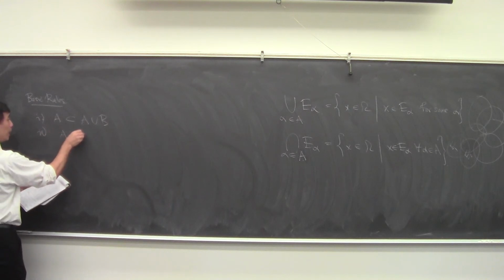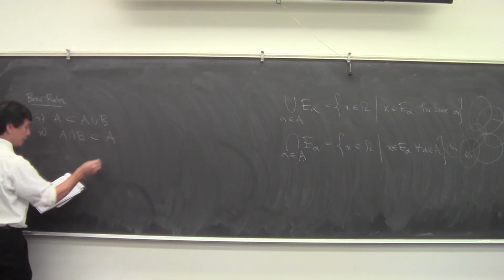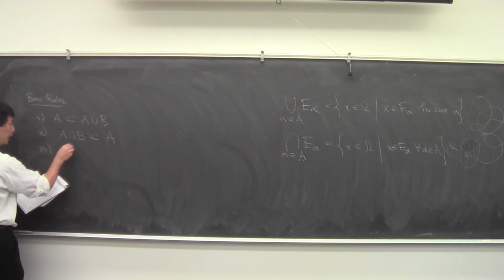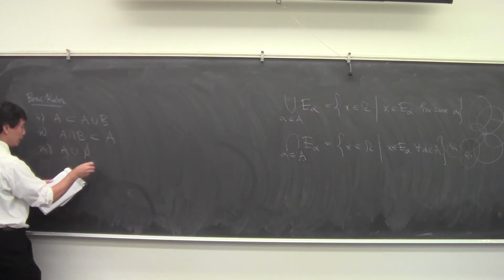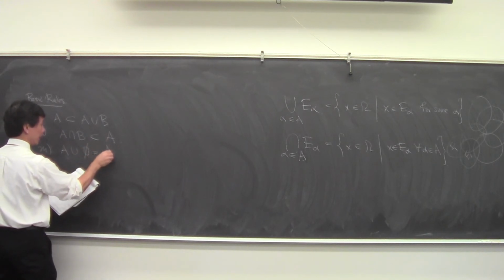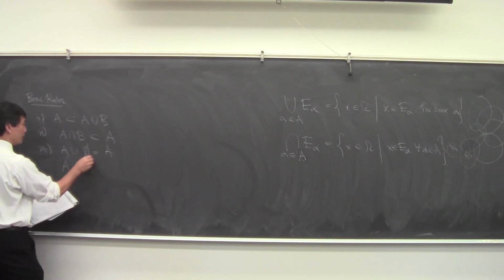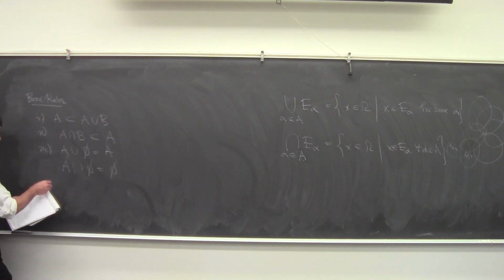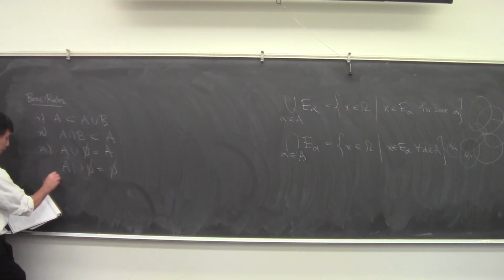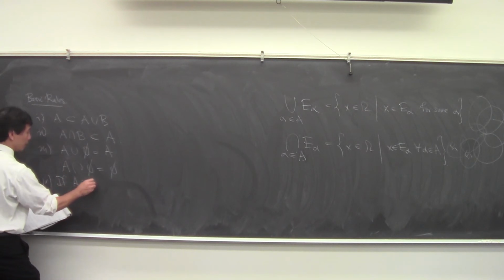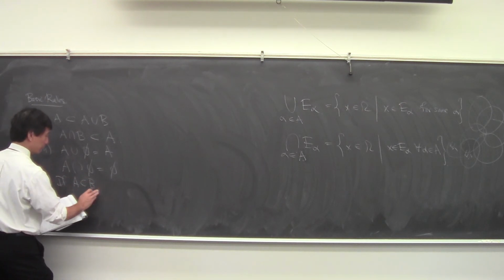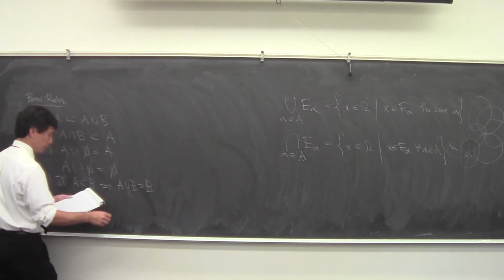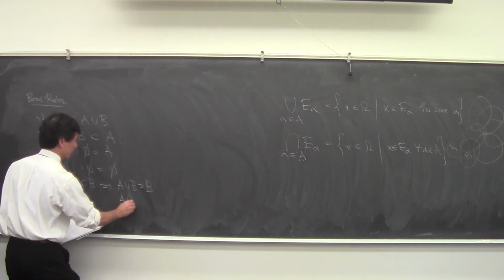The intersection of A with something is contained in A. A union the empty set is A, and A intersect the empty set is the empty set. If A is contained in B, then A union B is B, and A intersect B is A.